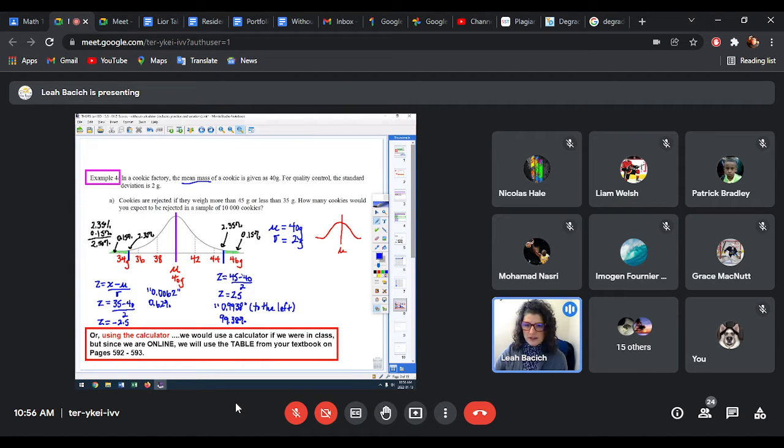So if you actually say, okay, well, if I want this little piece and I know this whole piece, I could do 100% minus 99.38%. And if you do that, you actually get 0.62%. So these guys are the areas. This is the lower and this is the upper.